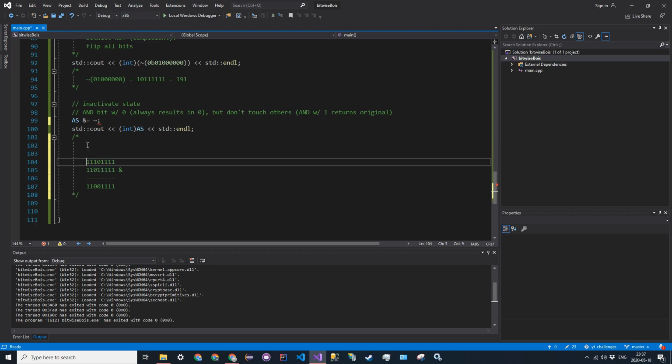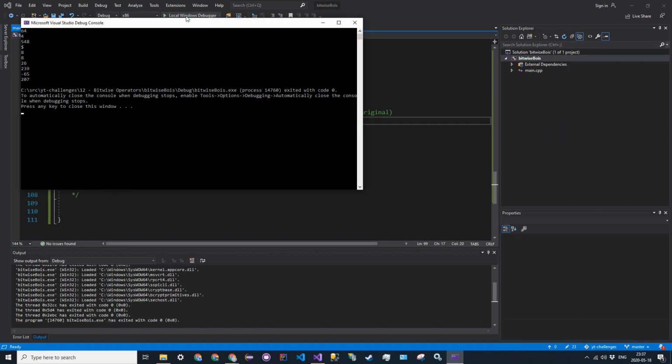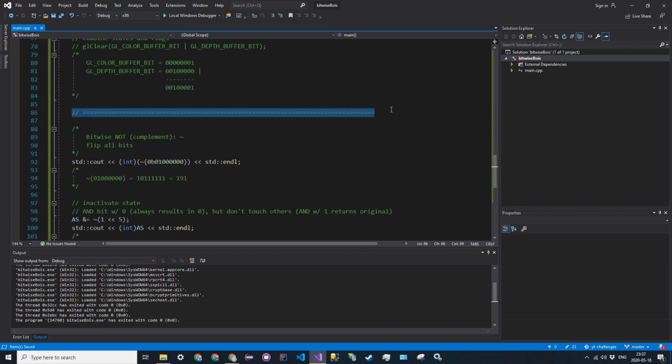We take the complement of 1 left shifted by 5, which is the complement of 0 0 1 0 0 0 0 0, which is equal to our byte here. I'm not going to run that one just because it's not going to give us the right answer. So 1, just like that. All right, so maybe it'll work. 207. That is right. I don't know why the other one's not working. That is 207. So that is the bitwise NOT.